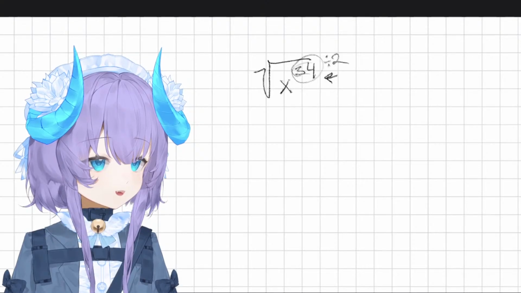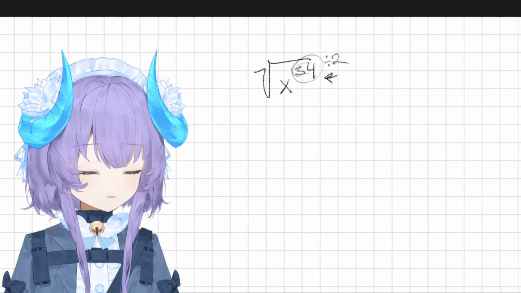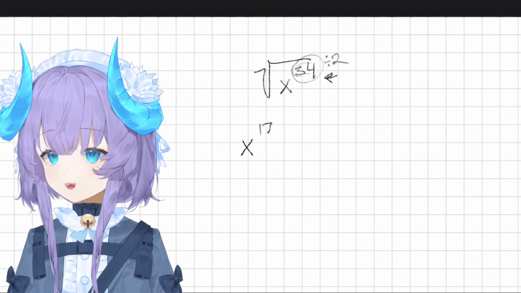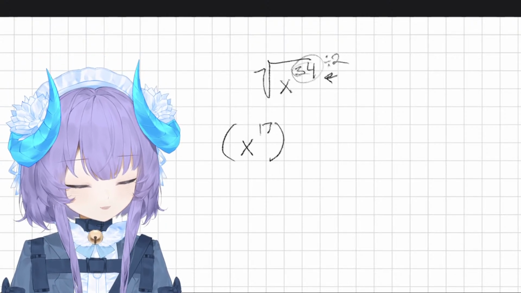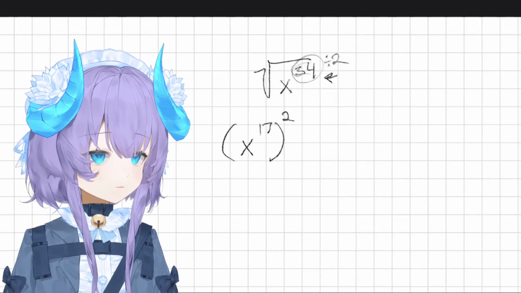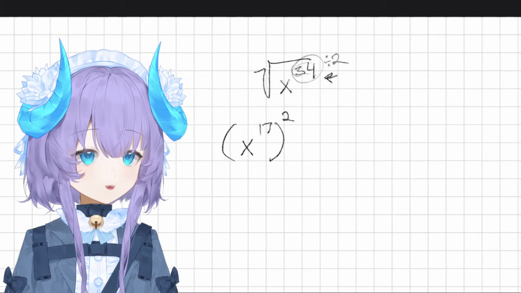34 divided by 2 equals 17. So we are looking at x to the 17 and that squared. So that would be our answer. Let's input it in.